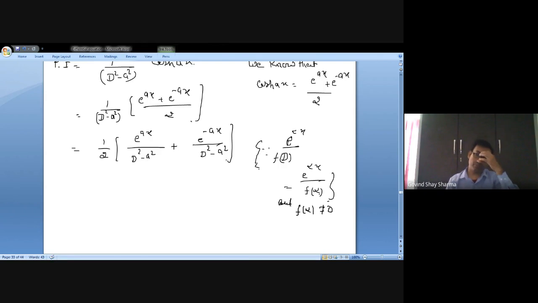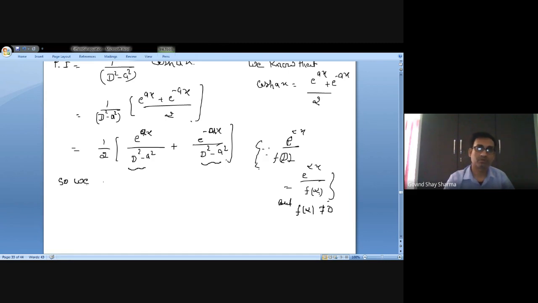But here you see when we replace d with a, it converts to 0, and this is also 0.